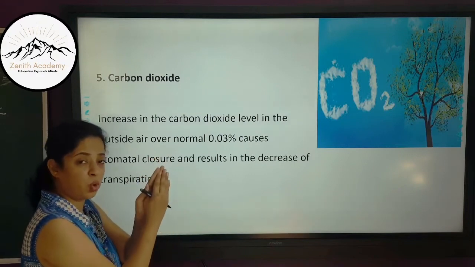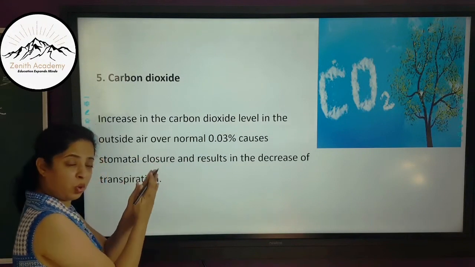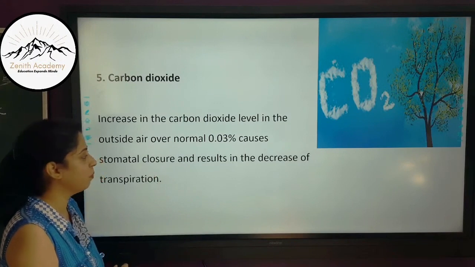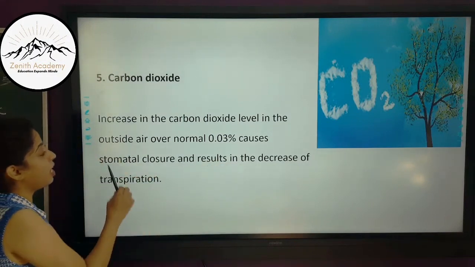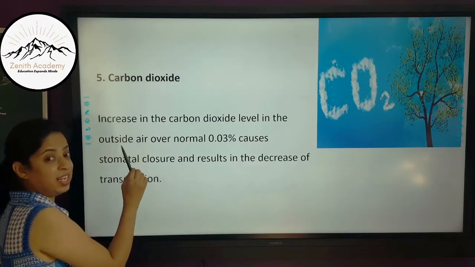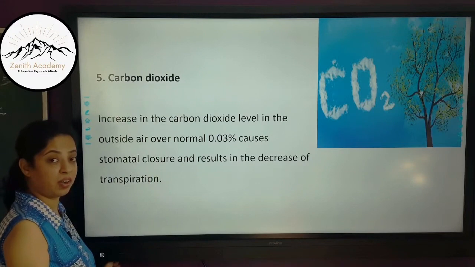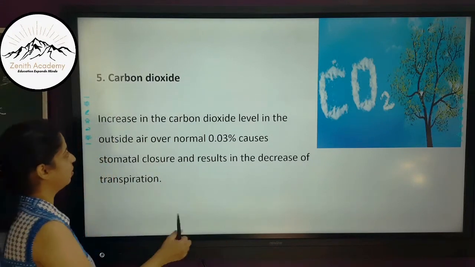The stomata will close because it does not want more carbon dioxide. If the stomata close, then obviously the transpiration will also stop. So we can say that transpiration rate is inversely proportional to the concentration of carbon dioxide in the air. If carbon dioxide is more, transpiration is less.